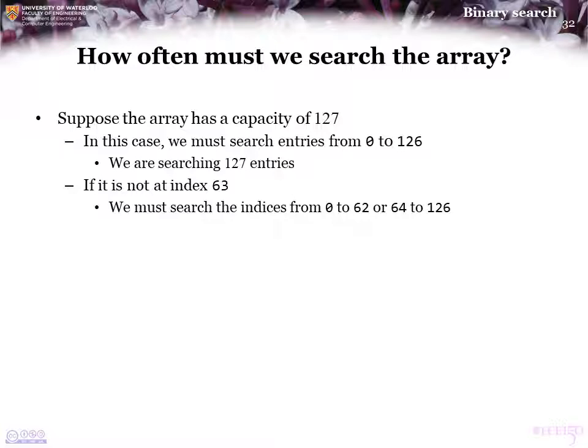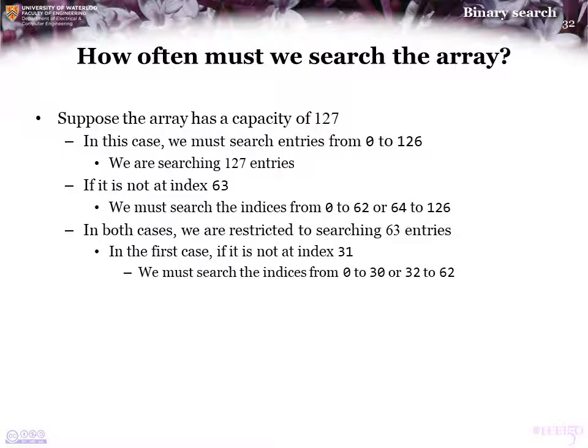So if it is not at index 63, we must continue searching from index 0 to 62 or 64 to 126, based on the relative value. In both cases, we are now restricted to searching only 63 entries, not 127 entries.